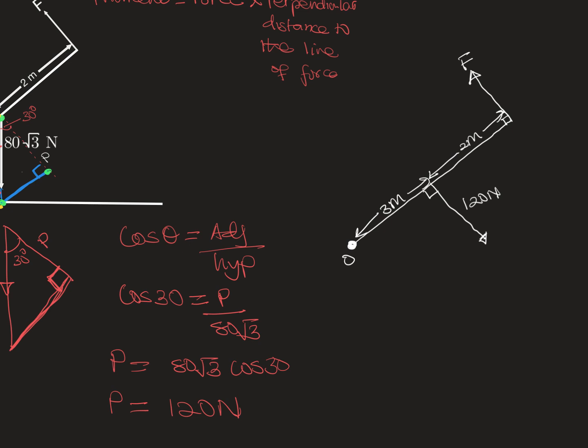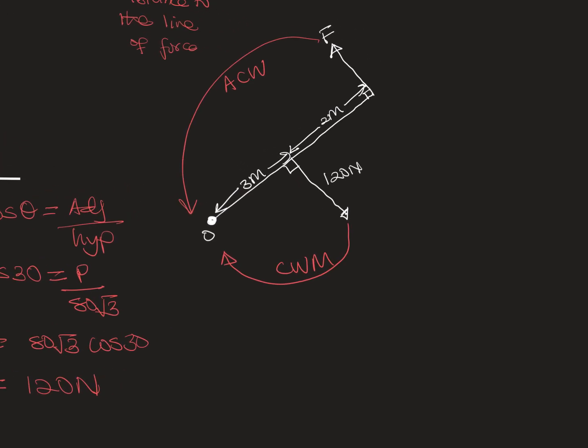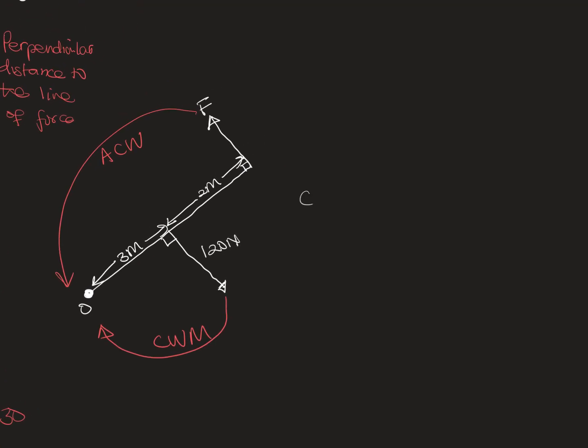So the force acting clockwise is this, that's the clockwise moment. The force acting anti-clockwise is this, anti-clockwise moment. But remember, we've said that clockwise moment is equal to anti-clockwise moment.